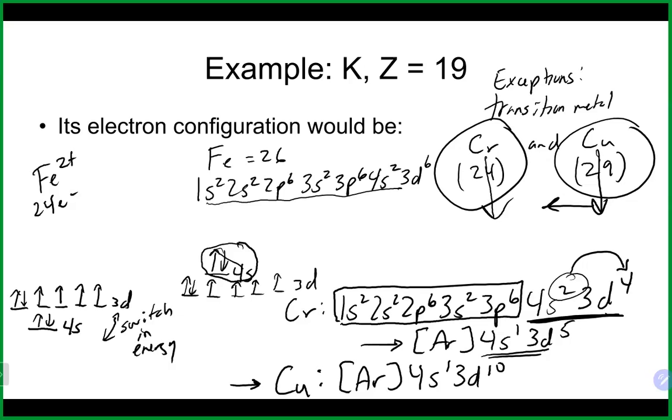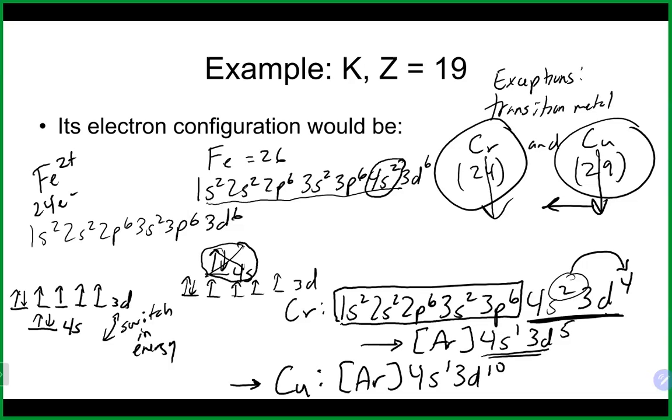So the electron configuration for iron with a +2 charge would be 1s2, 2s2, 2p6, 3s2, 3p6, and 3d6. We eliminate these two 4s electrons, as those are the first ones that would go. And that's unusual for transition metals.